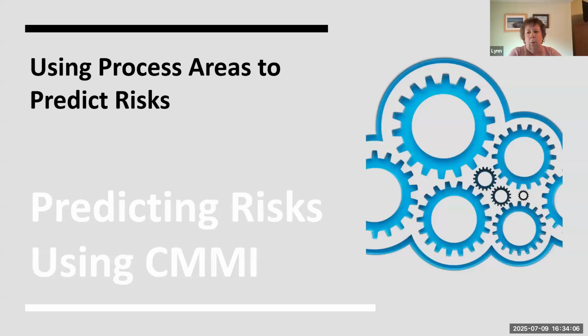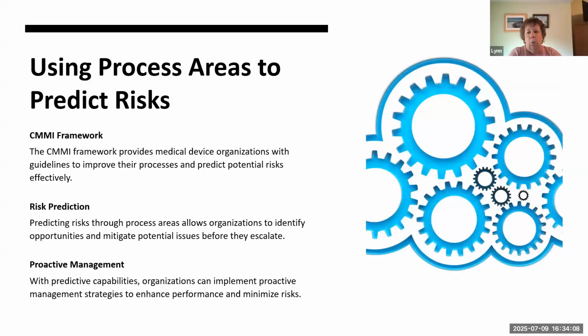So, what we do is basically we take the framework, okay? As you saw, we do appraisals. We then can predict the risks associated with the work that they're currently doing.